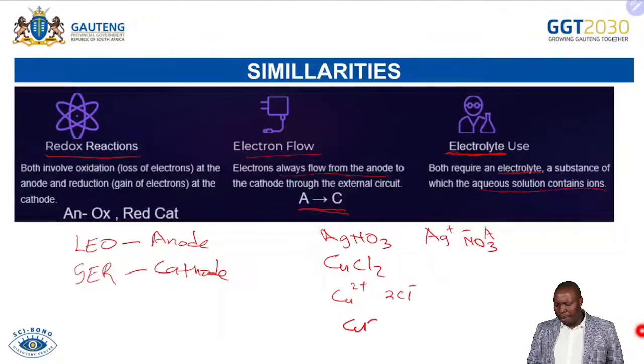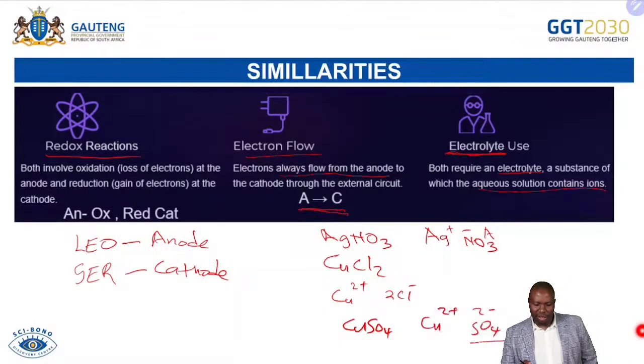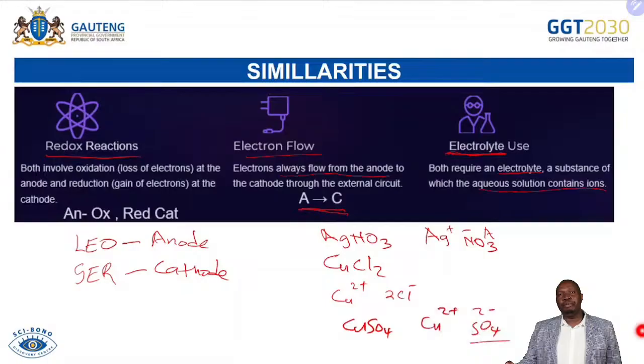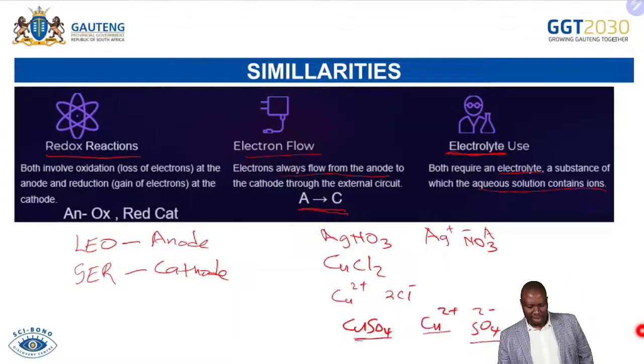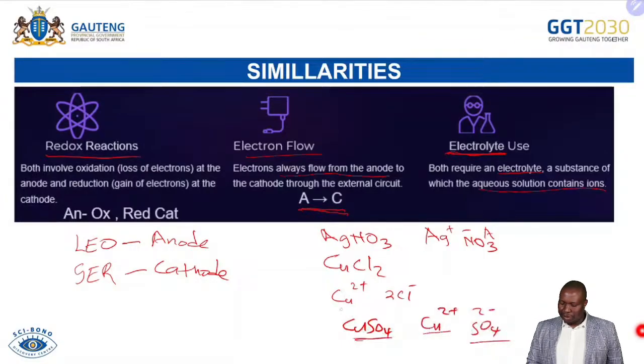When you see copper sulfate, you are able to see that it's Cu2+ and SO4 2-, where the SO4 2- won't be playing a role in this case. So when I see copper sulfate, I'm seeing Cu2+. When I see copper chloride, I'm seeing Cu2+ and 2Cl-.